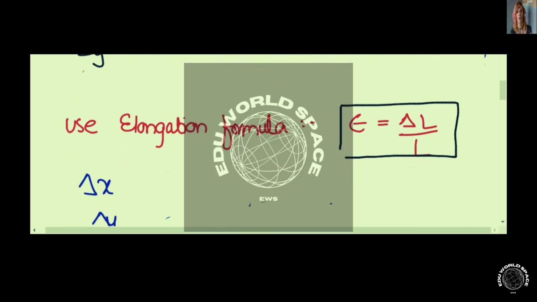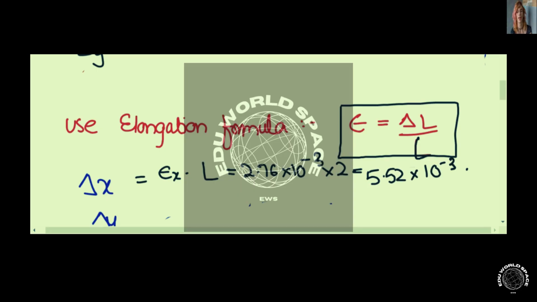Right, now we need to use the elongation formula, which is this: the strain is equal to the change in L divided by L. So the change in the x direction is equal to the strain in the x direction times L, and that is equal to 2.76 into 10 raised to power negative 3 into 2, which is 5.52 into 10 raised to power negative 3 inch.